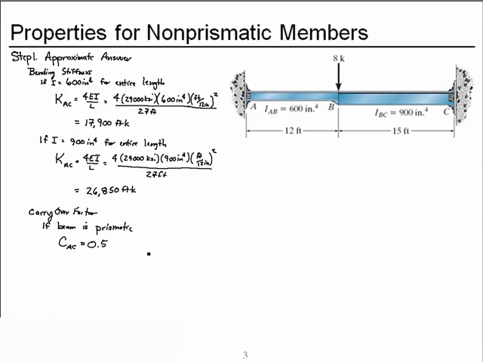Well, since it's not prismatic, we're going to expect that to change, but I wouldn't expect it to change substantially. Certainly not 0 or 1. So we know we've bound the answer between 0 and 1, and it'll probably be something close to 0.5.